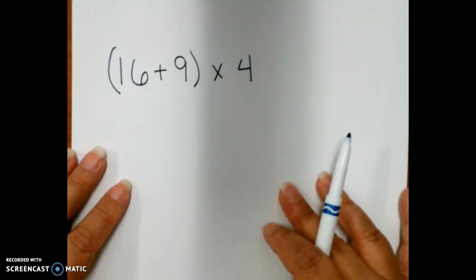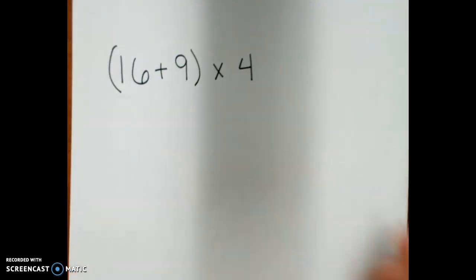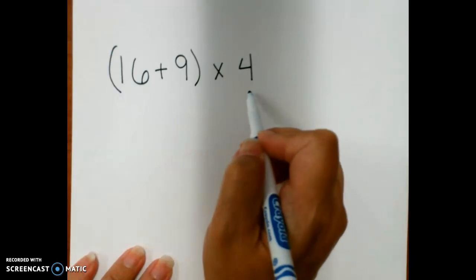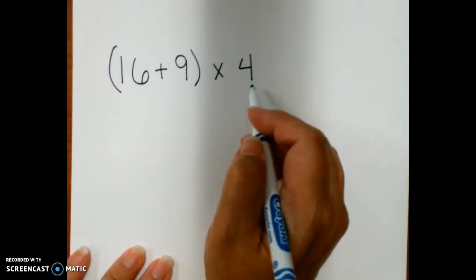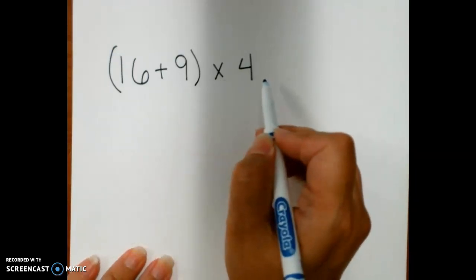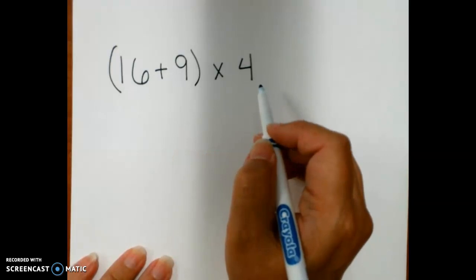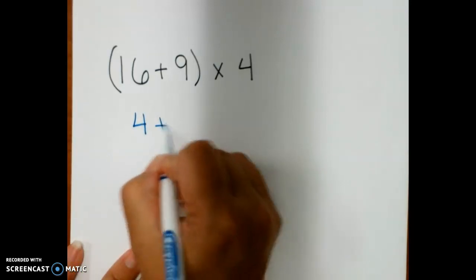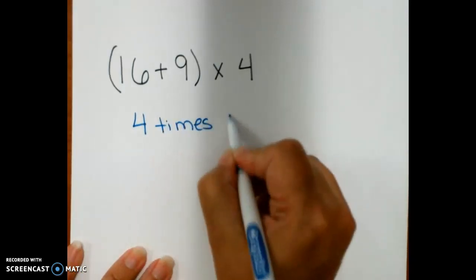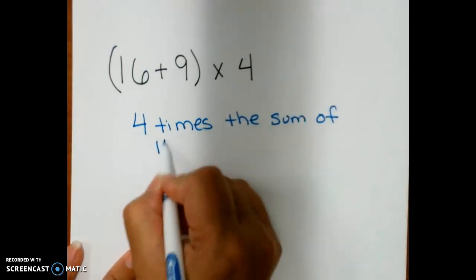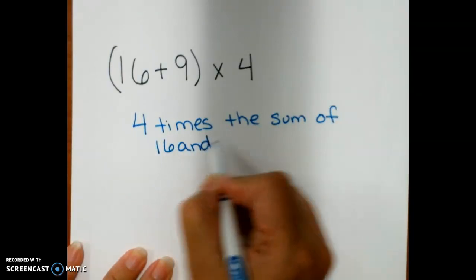Let's take a look at this one. What do you think I would write as my expression for this one? I have 16 plus 9 times 4. So I could say the sum of 16 plus 9 times 4, but if I do that, I might not get the same answer. So I'm going to say 4 times the sum of 16 and 9.